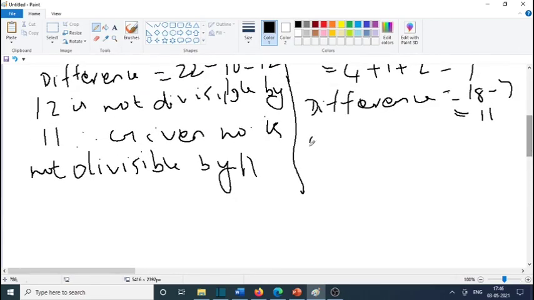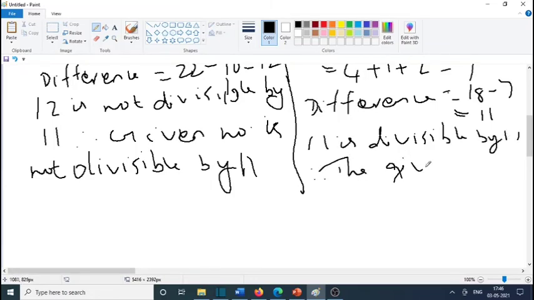So the difference 11 is divisible by 11. Therefore, the given number is divisible by 11.